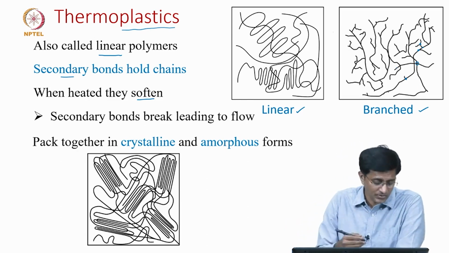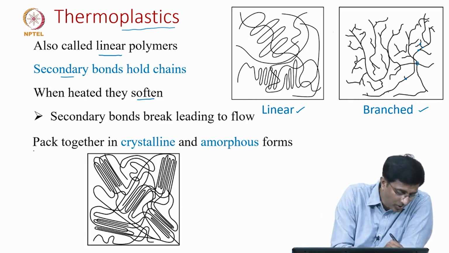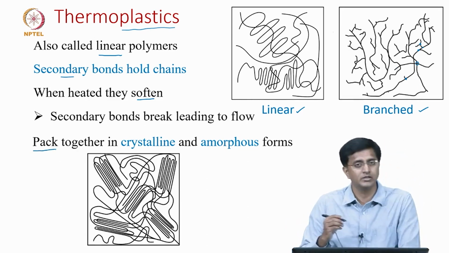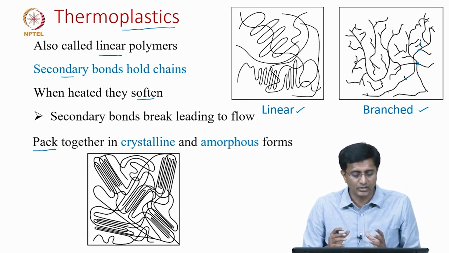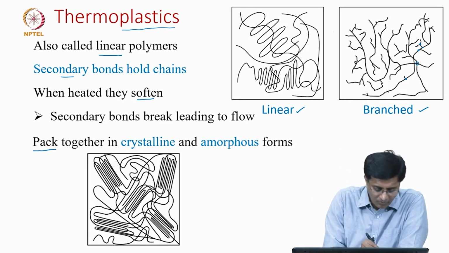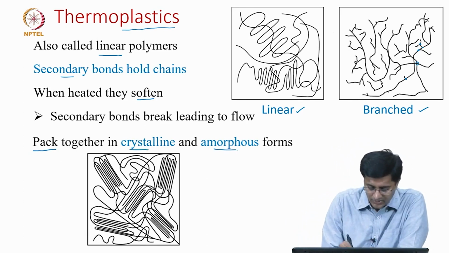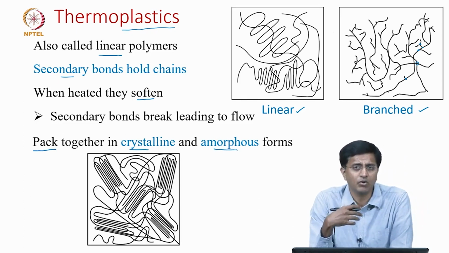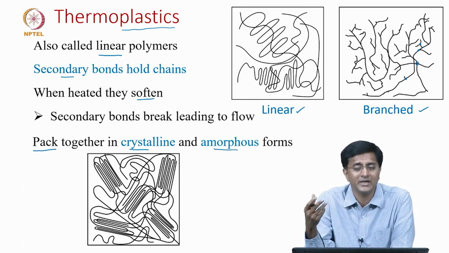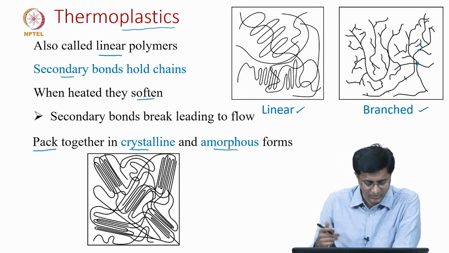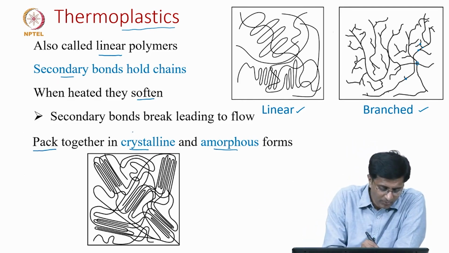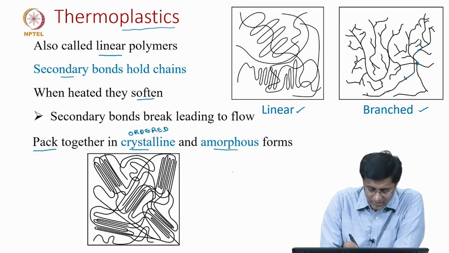Now let us also see how these polymer chains pack together. There are two ways they can pack: crystalline and amorphous. Actually these are terms borrowed from metals terminology. When we say crystalline, what we mean is it is ordered, and amorphous is disordered.